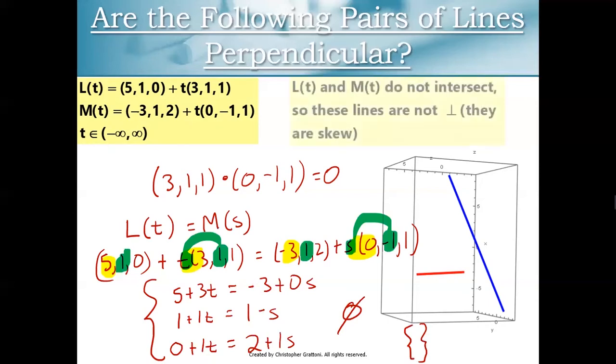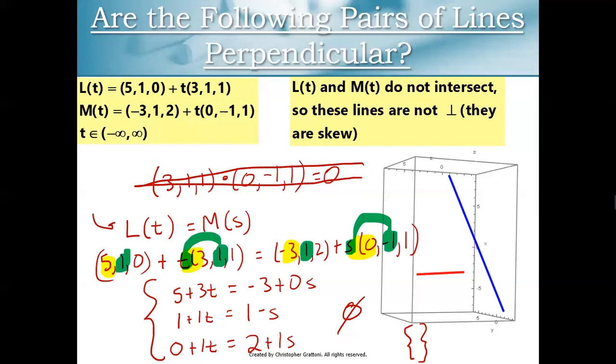And if the two lines don't intersect, it doesn't even matter that the dot product between these slope vectors is 0. The lines are skew, and so there's no perpendicularity you could ever find anyway. So it's probably a better idea to check for intersection first and not worry about the dot product between those vectors until later, because if the lines don't intersect at all, perpendicularity is pointless anyway.